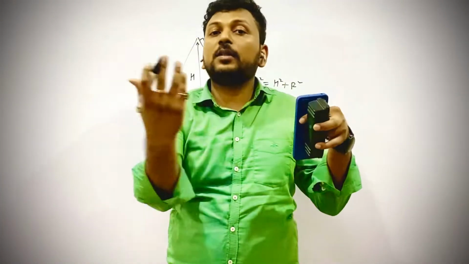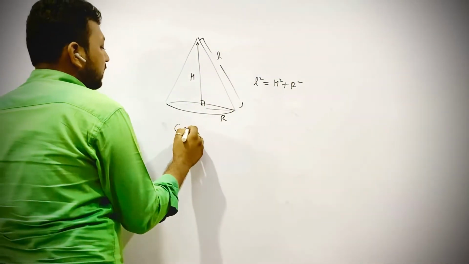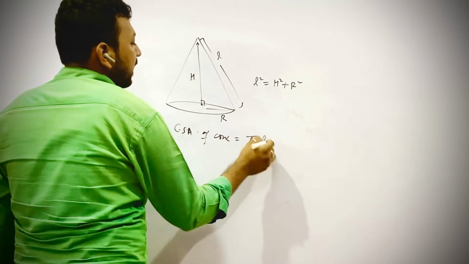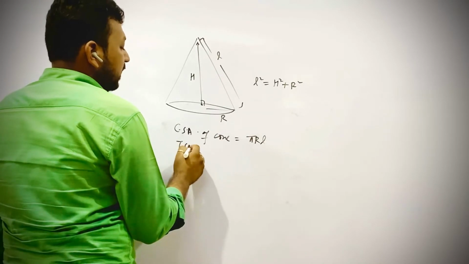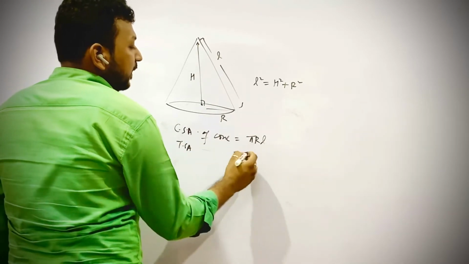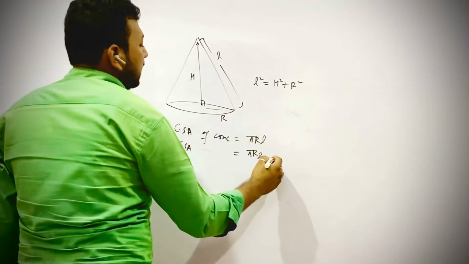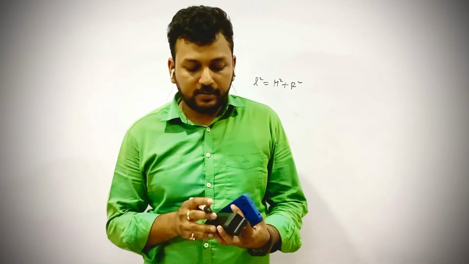Curved surface means it is curved, right? So the curved surface area of cone is pi r L. Yes, pi r L. And the total surface area is pi r L plus the surface area of the base, that is pi r square. Yes. So these are some basic things which you have to understand in this chapter.